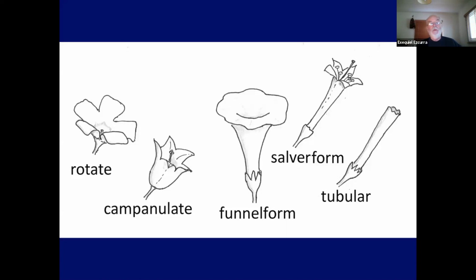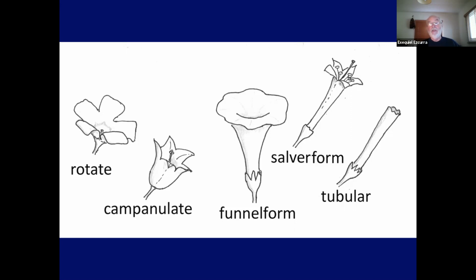But the most common ones are rotate, for corollas that are wide open; campanulate, for corollas that look like a bell; funnel form, and that is self-explanatory, like in the Morning Glory, for corollas that have the shape of a funnel; salver form corollas are basically long tubes, like tubular corollas, we're going to see them in a second, but that open in the top in a fairly flat structure of petals, creating a flat disc-like platform.